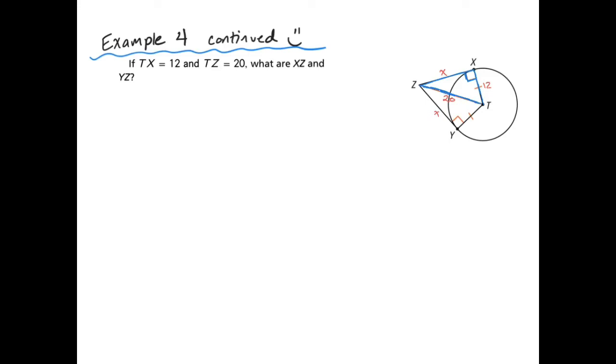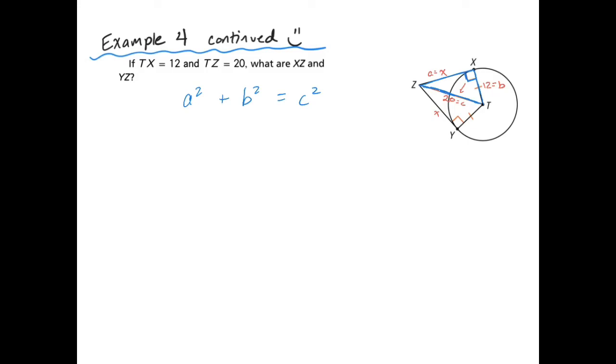And the first thing I think of when I see a right triangle is a squared plus b squared equals c squared, right? You should be sick of that by now. We do it all the time. And remember that a and b are the legs of the triangle, so a could be x and b could be 12, and c's got to be the 20 because it's across from the right angle. It's the longest side of the right triangle.